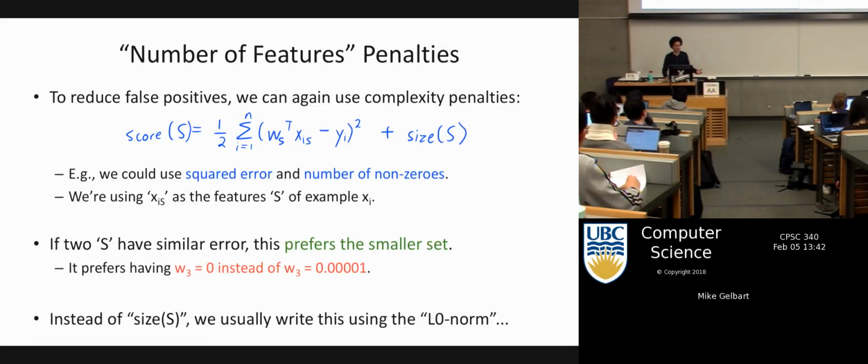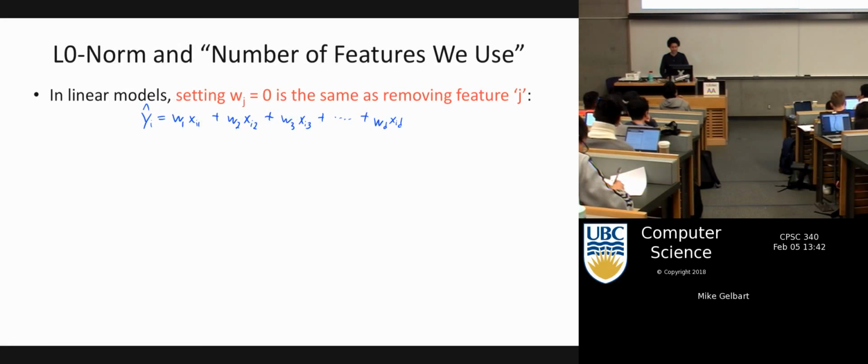So we're basically saying, use as many features as you need, but try not to use extra ones that don't help that much. And then, as a notation issue, instead of saying the size of S, we can use the L0 norm as a way of writing this. I'll get to that in a minute.